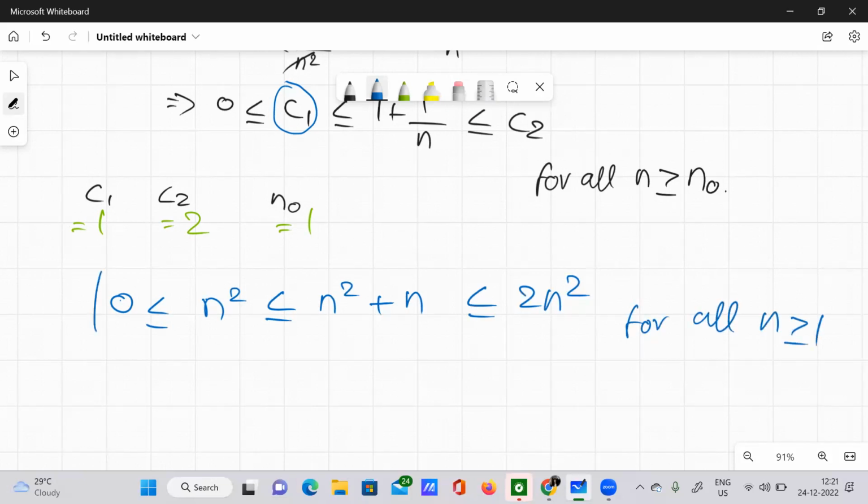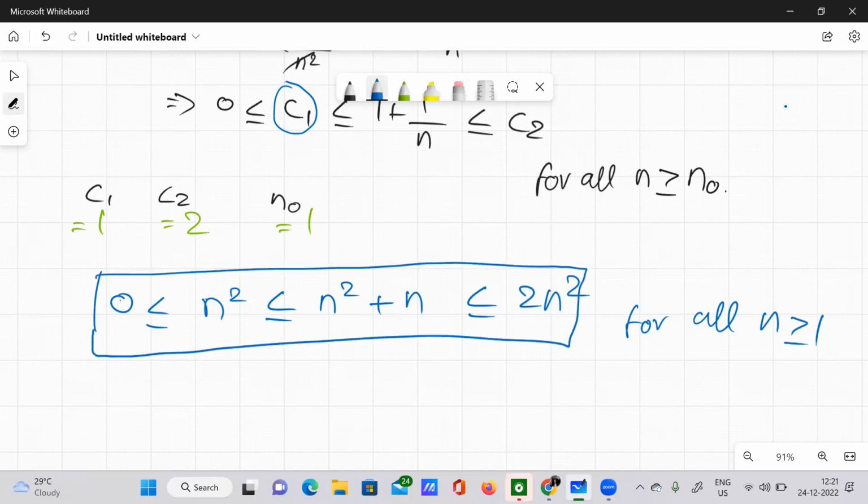So what is this equation actually? If we assume c1 equal to 1, c2 equal to 2, and n0 is equal to 1, then these conditions satisfy the definition of the theta notation.